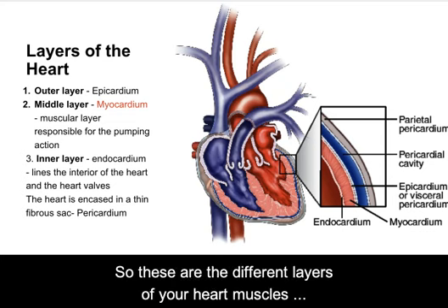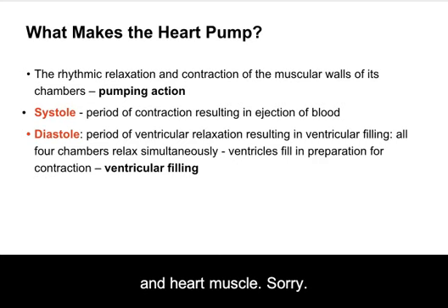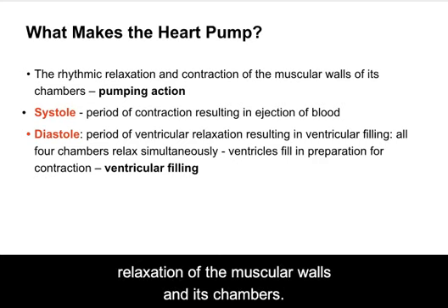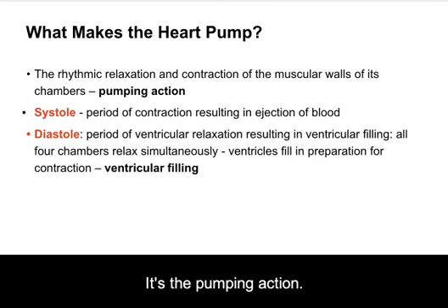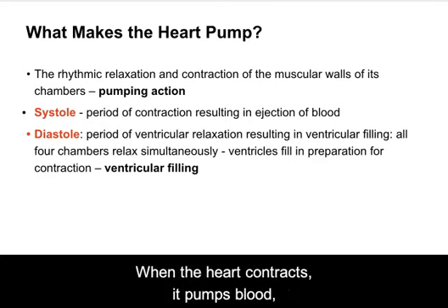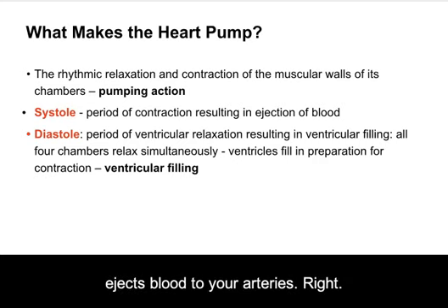So these are the different layers of your heart tissue. So what makes the heart pump? It's the rhythmic contraction and relaxation of the muscular walls and its chambers. For example, systole is the period of contraction. When the heart contracts, it ejects blood to your arteries.